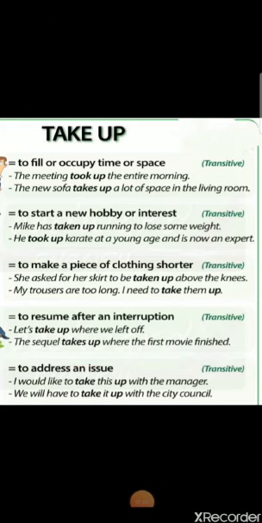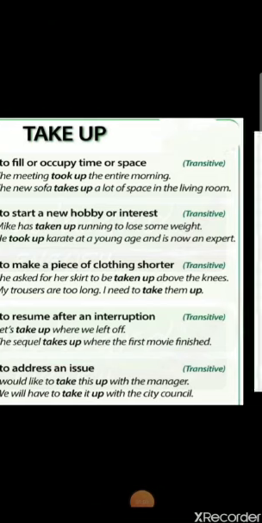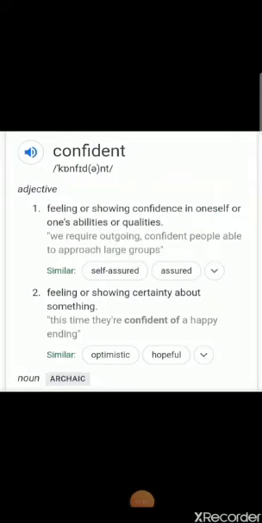What is the meaning of confident? Are you confident? Yeah, we all are confident. It's feeling or showing confidence in oneself, or we must believe in ourselves, right? One's abilities or qualities.